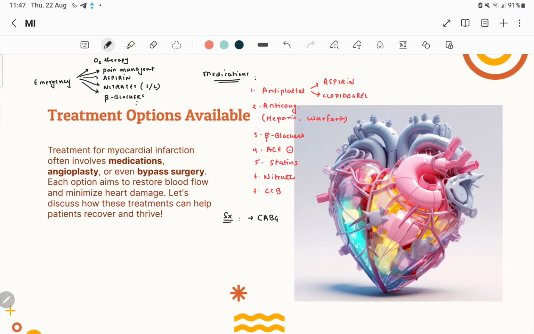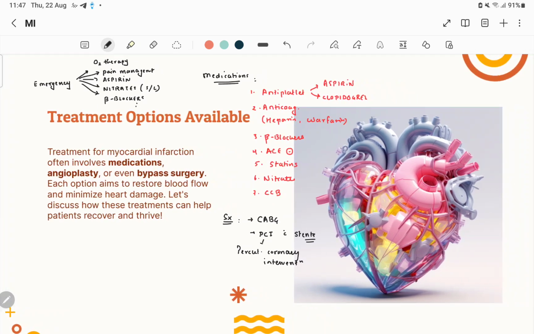CABG is coronary artery bypass grafting, or you can do PCI, that is percutaneous coronary intervention with stents. Stenting is done.